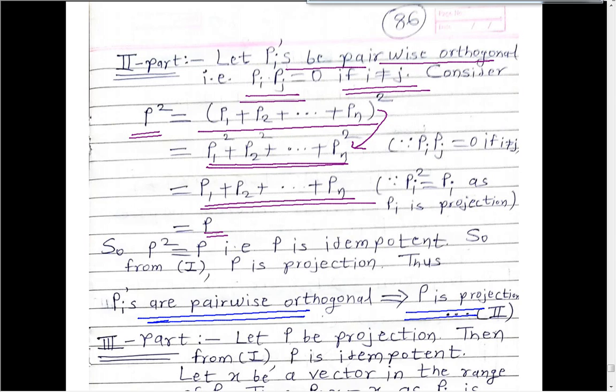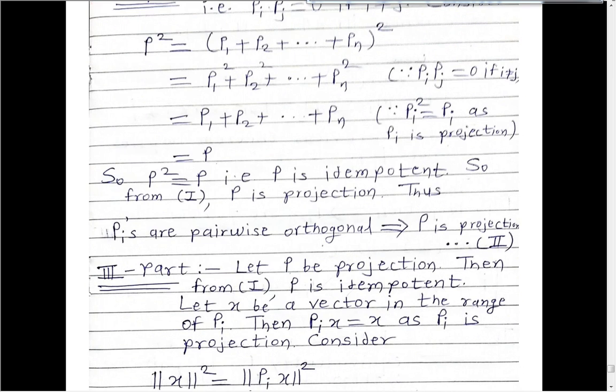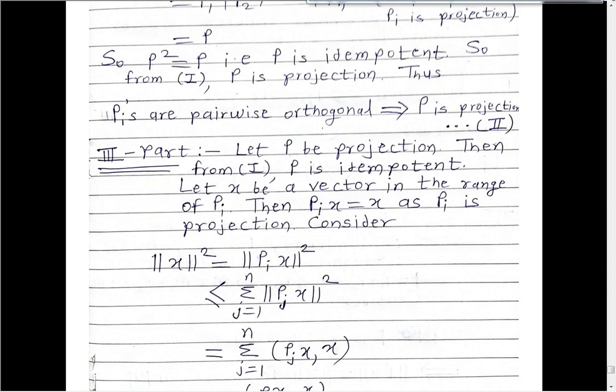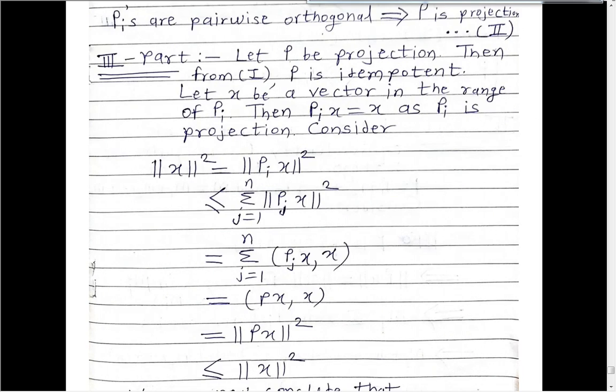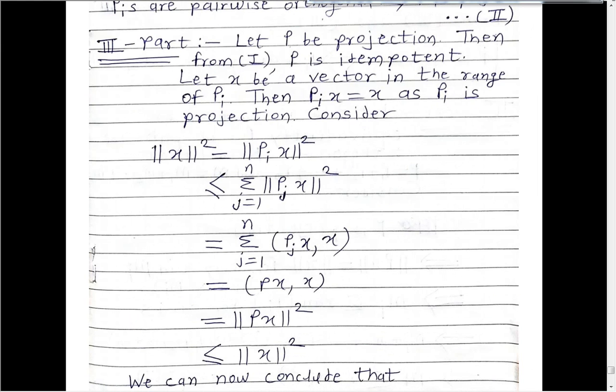Now, in the third part, we will prove that if P is a projection, then the Pi's are pairwise orthogonal. So in order to prove this, we assume that P is a projection. Then again from the first part, P is idempotent. Recall that in the first part we proved that P is a projection if and only if P is idempotent.